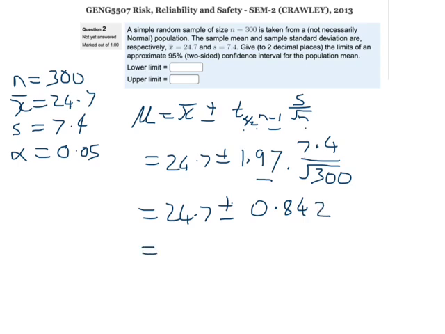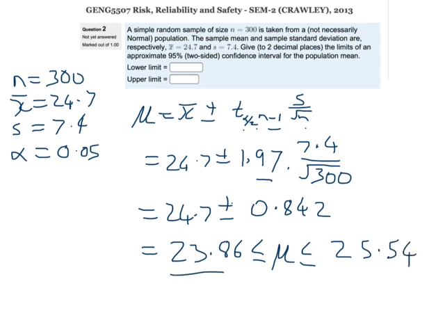So this is going to be equal to 24.7 minus 0.842, so 23.86, less than or equal to mu, less than or equal to 24.7 plus 0.842, that gives us 25.54, and so our lower limit's going to be 23.86, our upper limit's going to be 25.54, and we're done.